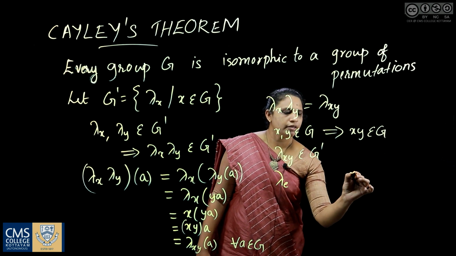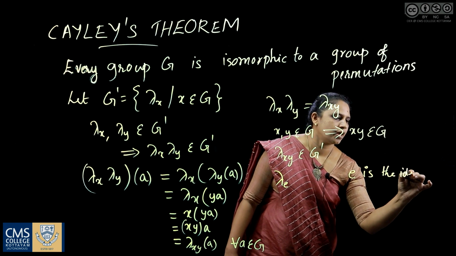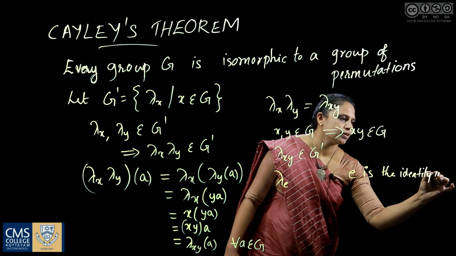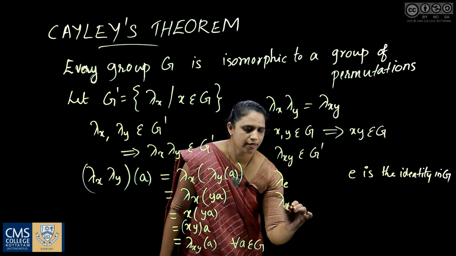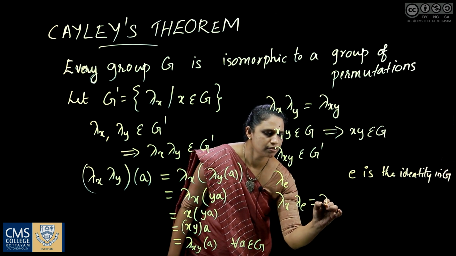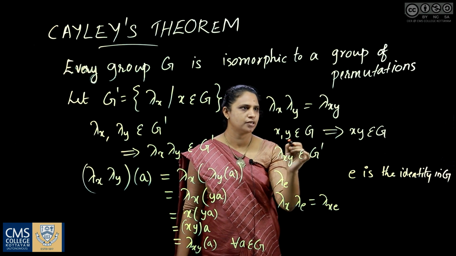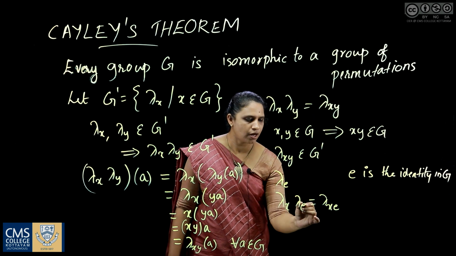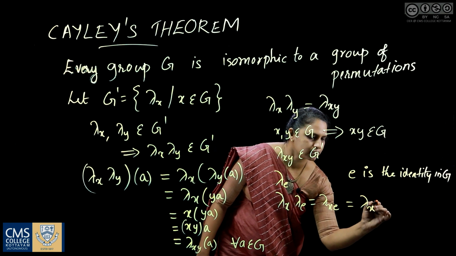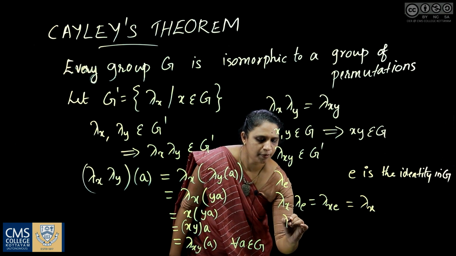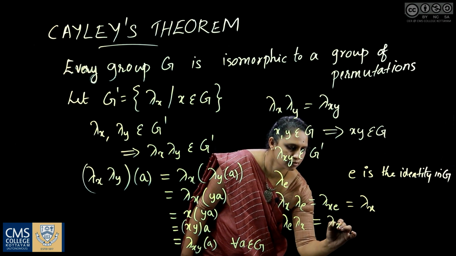Clearly, E is the identity in G. So, if we have λx into λE, this is the same as λx into E, since we have proved that λx into λy is the same as λxy. So, λx into λE is λx into E, and this is the same as λx. Similarly, λE into λx is also equal to λx.